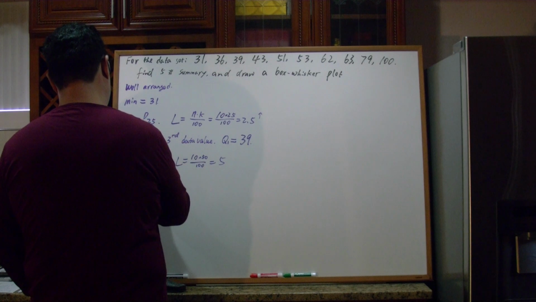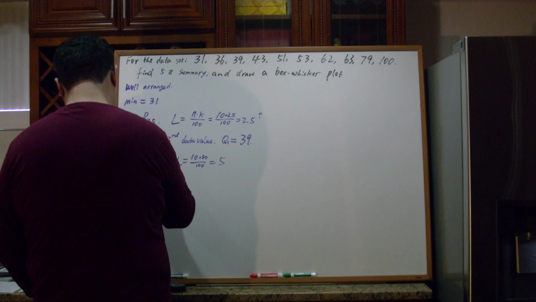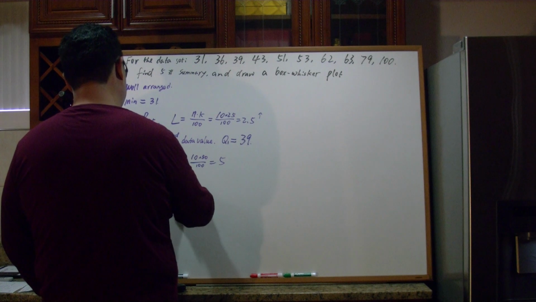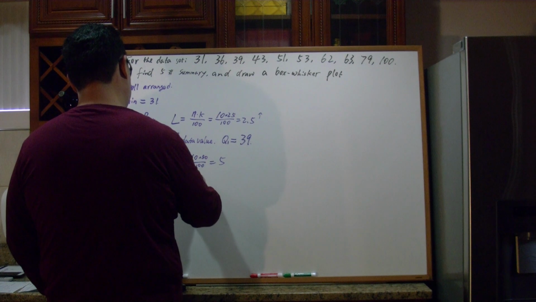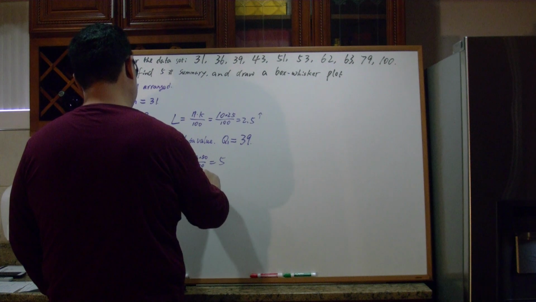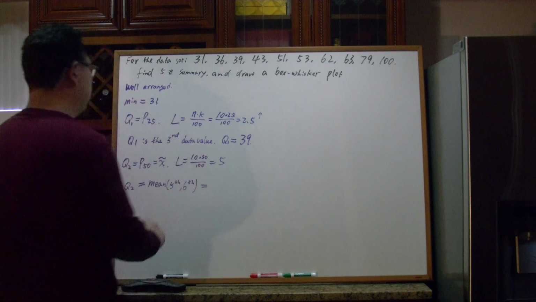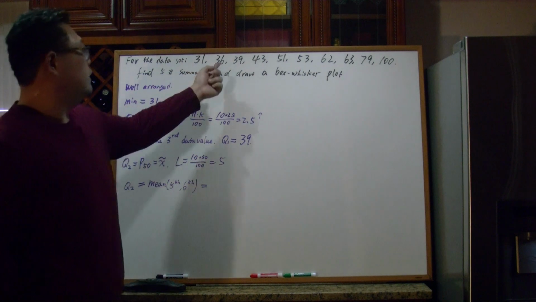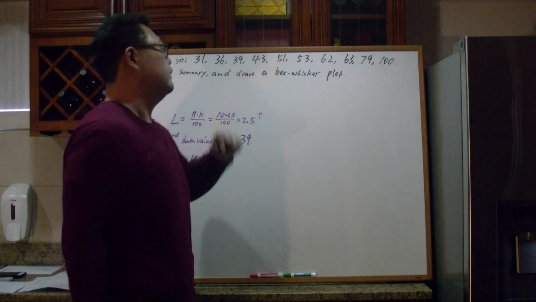Therefore Q2 is the average, or the mean, of the 5th and the 6th values: 1, 2, 3, 4, 5, 6.